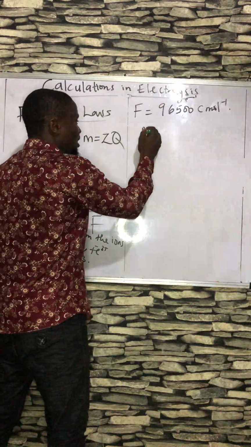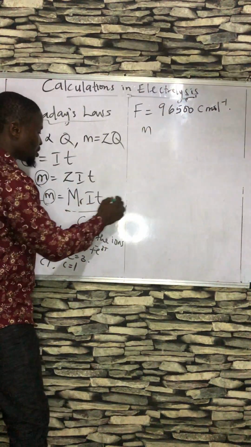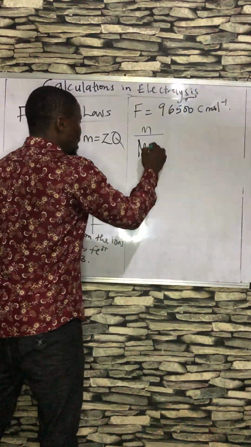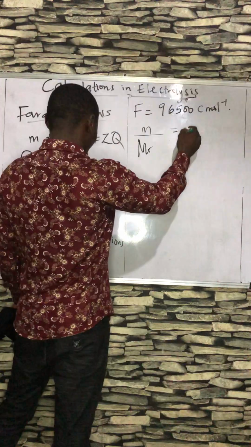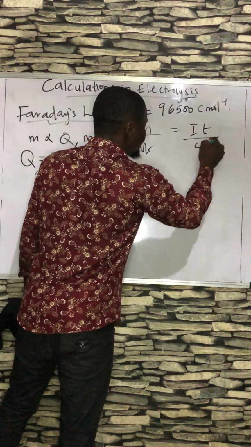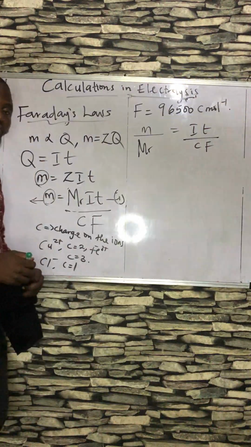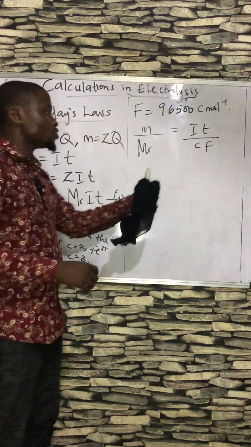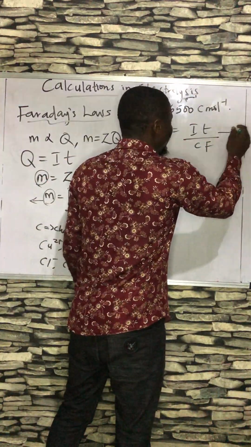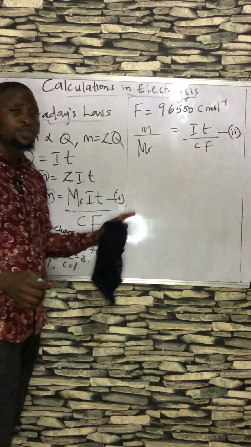And invariably, that simply means you can call this equation 1: M over Mr equals IT over CF. M over Mr equals IT over CF. You can take this as equation 2.